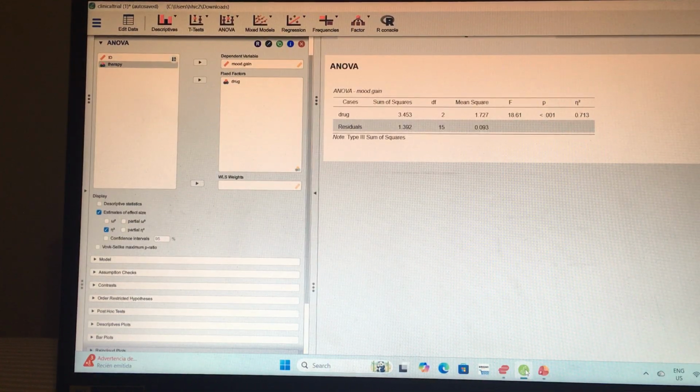So an eta squared of 0 means that there is no relationship at all between these two variables, whereas an eta squared of 1 means that the relationship is a perfect relationship. Better yet, the eta squared value is relatively closely related to the r squared, and it has an equivalent interpretation.